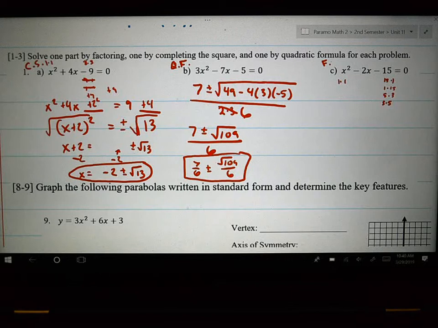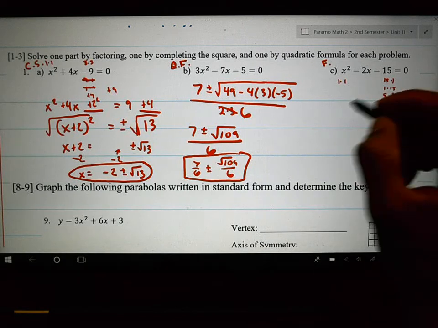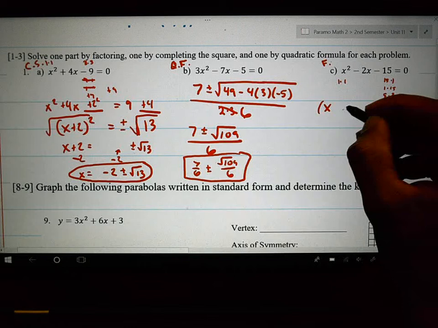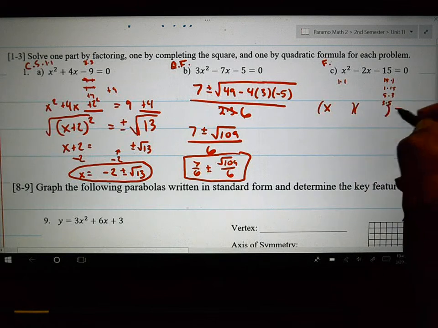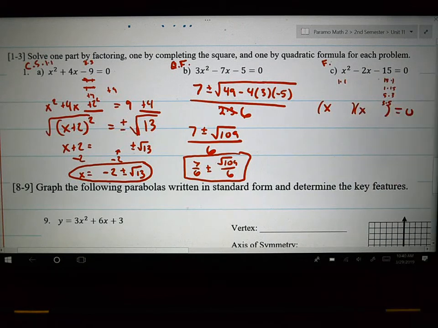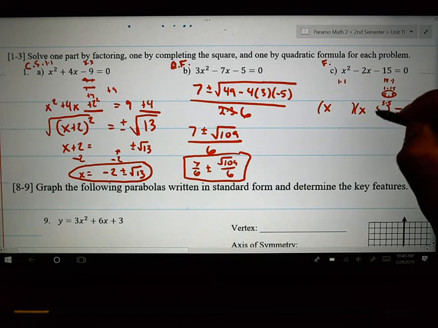The last one is factoring, where you say what times what will give you this value, and I'm pretty sure if we chose the 5 and the 3 we can get there.